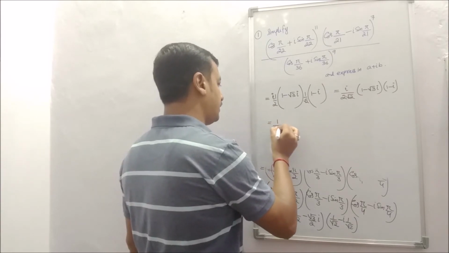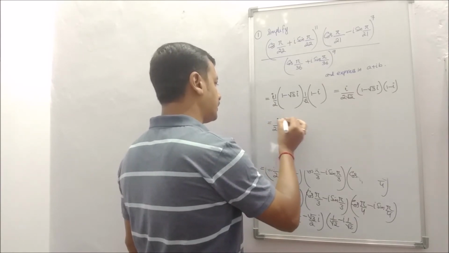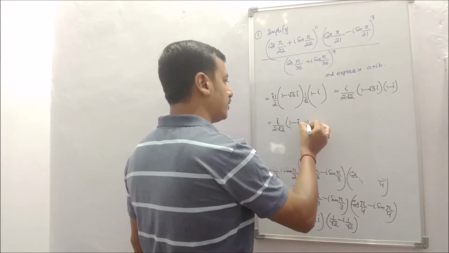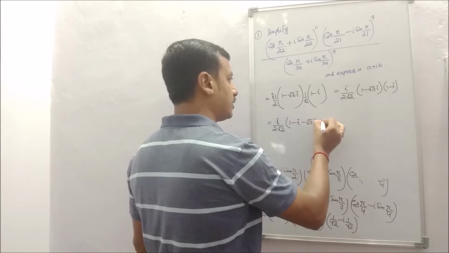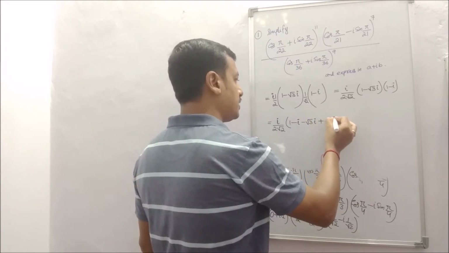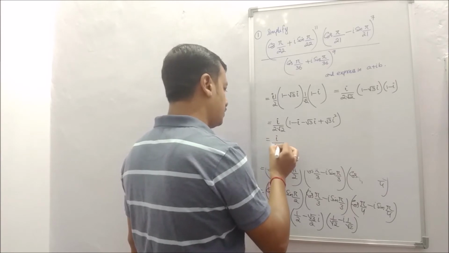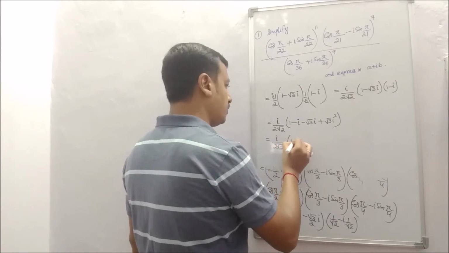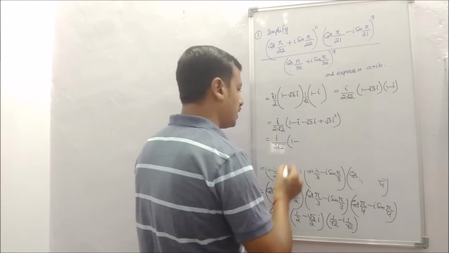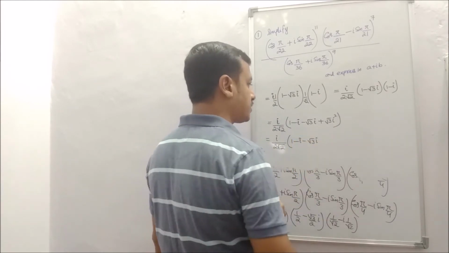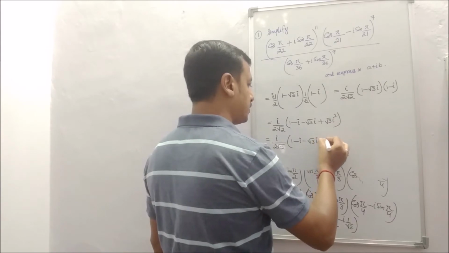Simply multiplying, 1 − i − i√3 + i²√3, so i/(2√2) times (1 − i − i√3), and i² is equal to −1, that is −√3.